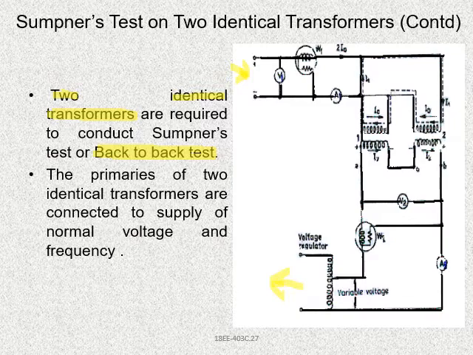The second point is: the primaries of two identical transformers are connected to supply of normal voltage and frequency.